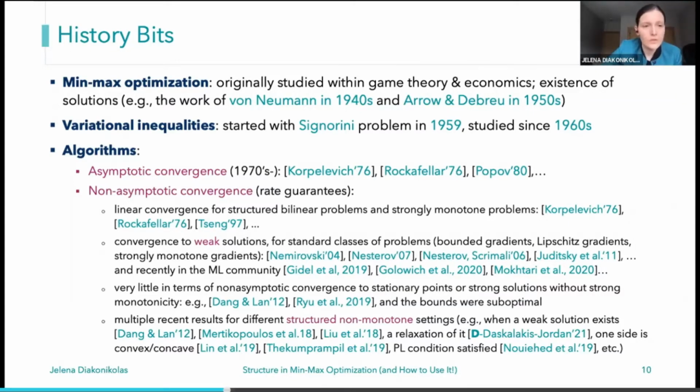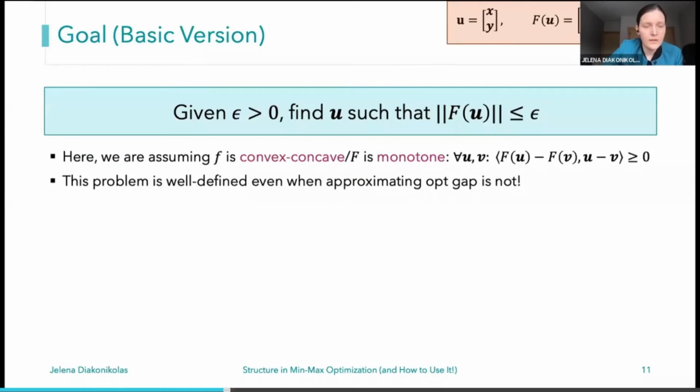Okay, so for this part of the talk, if you don't want to think about variational inequalities, monotone inclusion, this is way too much terminology. The basic problem is I have an operator that is monotone, it corresponds to the gradient, and I want to find a point that has small norm of this operator, some epsilon.